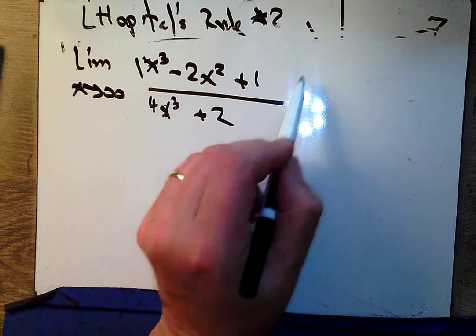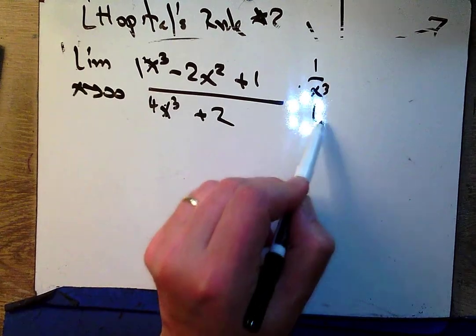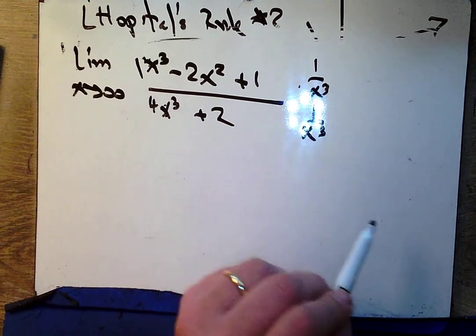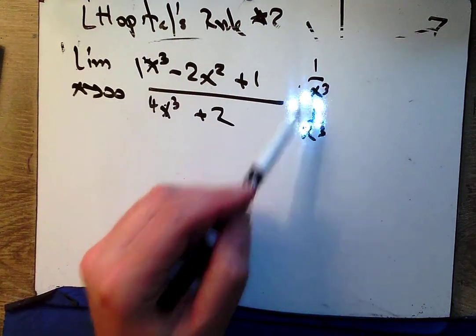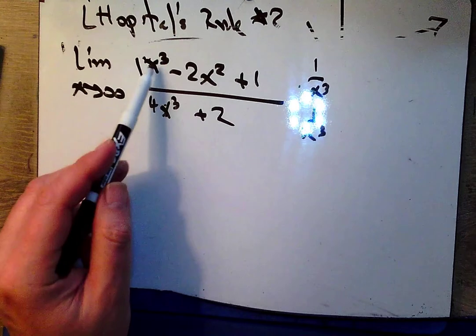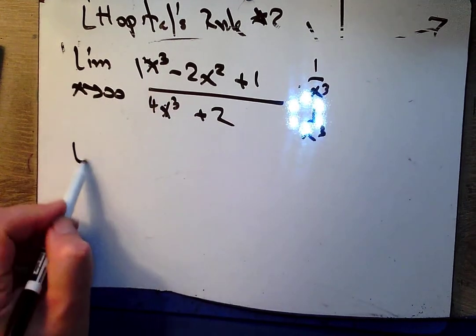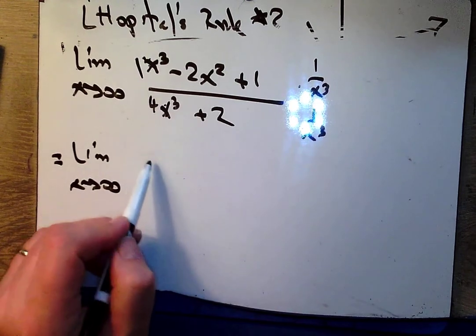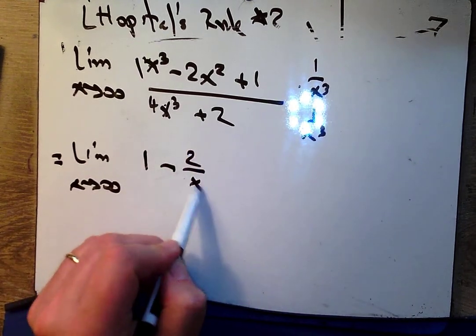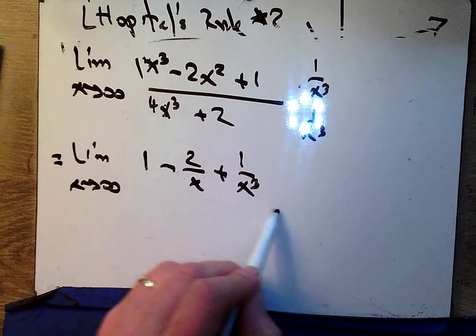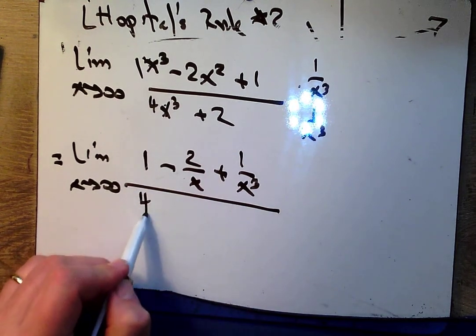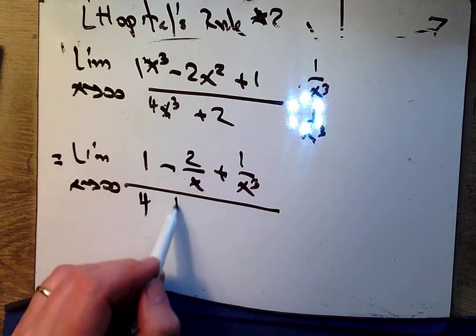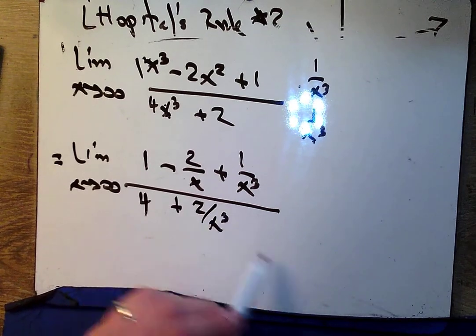And we talked about this method back in chapter 2, where we would multiply top and bottom by 1 over x to the highest degree. And that would give us the limit as x heads to infinity of 1 minus 2 over x plus 1 over x to the third, over 4 plus 2 over x to the third.